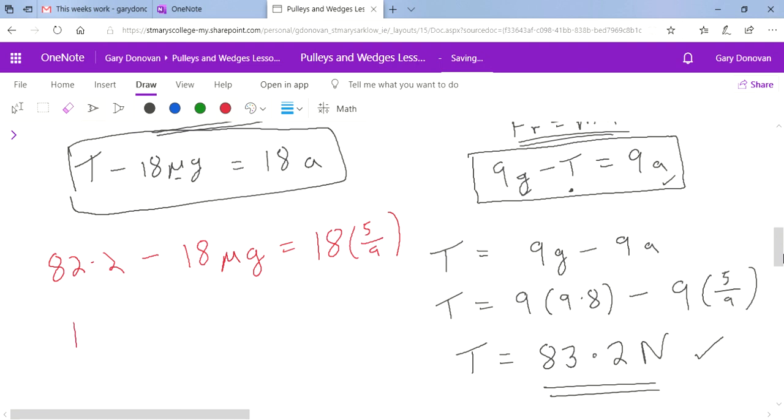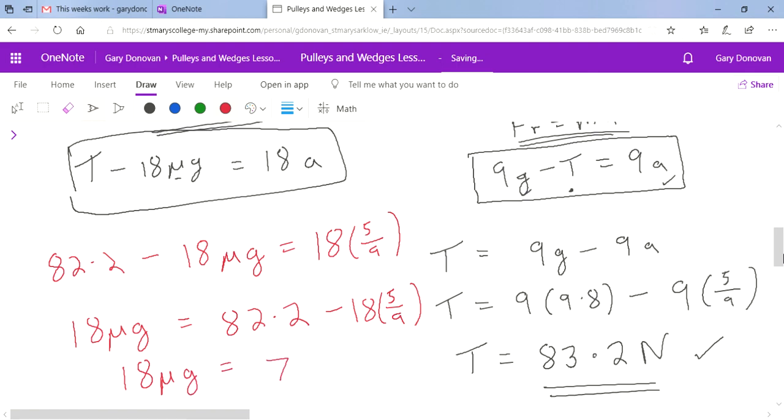That means that 18 mu g equals 83.2 minus 18 times 5 over 9. And you can work this out yourself. 18 mu g equals 73.2.